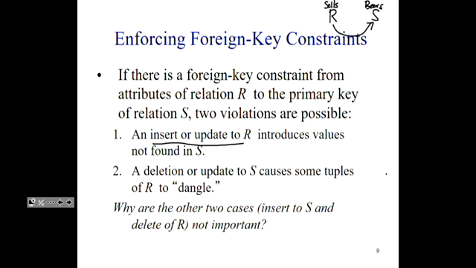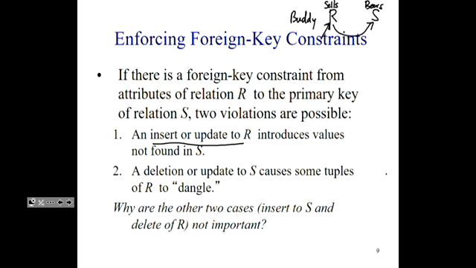Okay? So the first type of violation can happen when you have an insert or an update to R that introduces values that are not found in S. For instance, you have a tuple corresponding to bud. You decided to change that to buddy, let's say, which is not a beer. So that could be a problem, right?